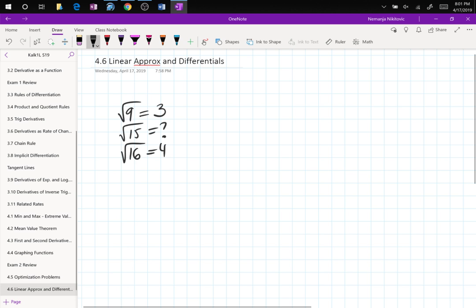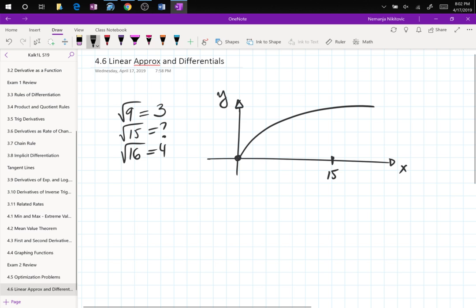But is there a way to figure it out more precisely? So if we draw the square root function, and let's say this is where our 15 is, and we really want to know the y value for it.